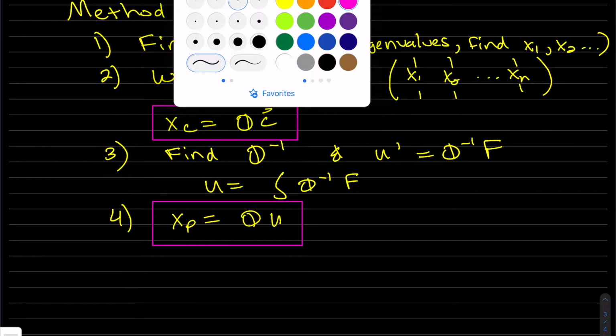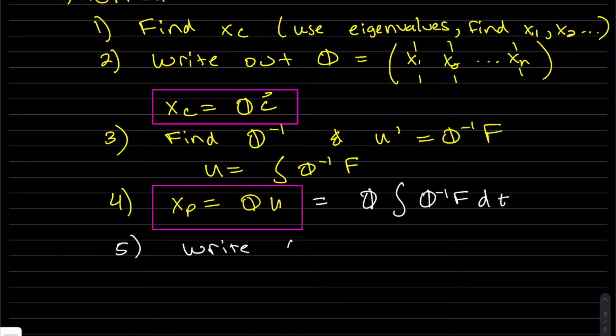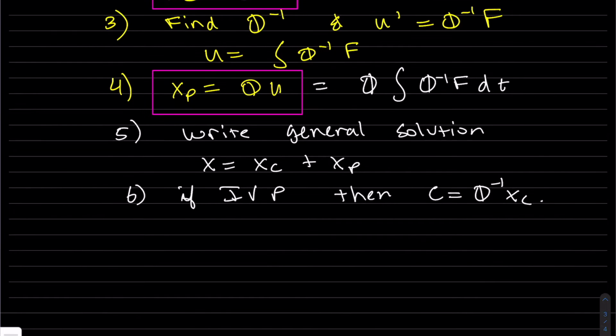And sorry, that's dt. And that would find your C's if you're finding a particular solution to the non-homogeneous.